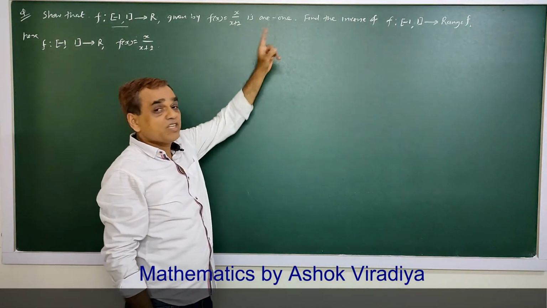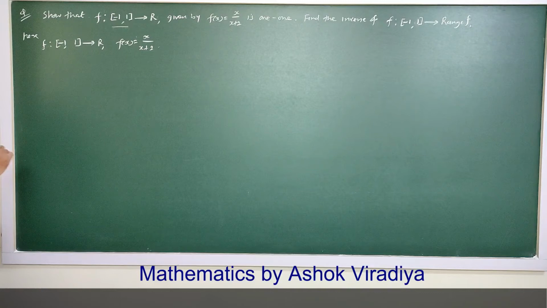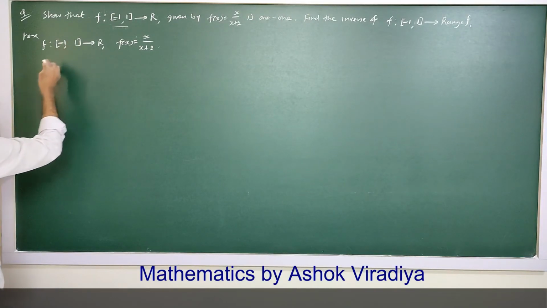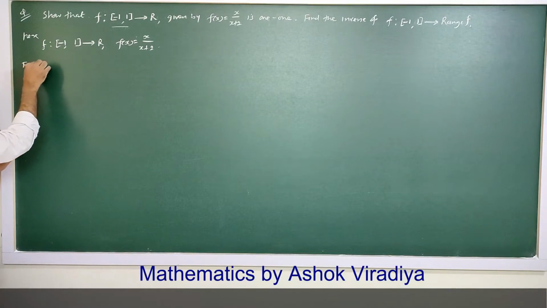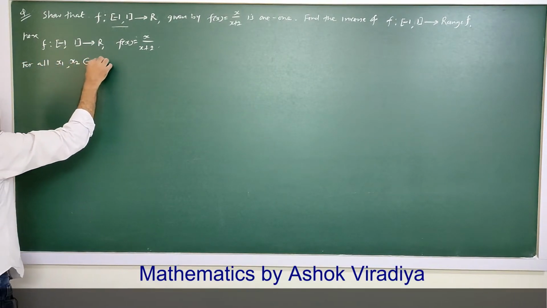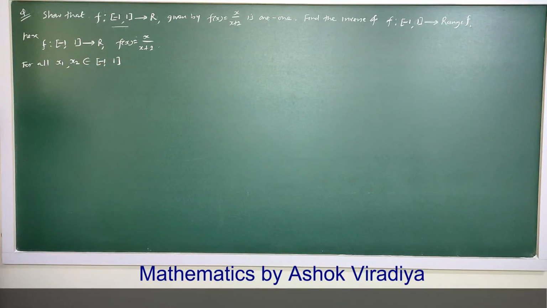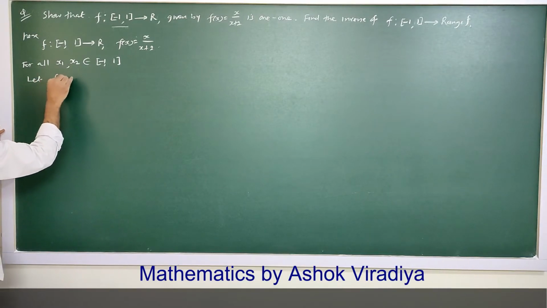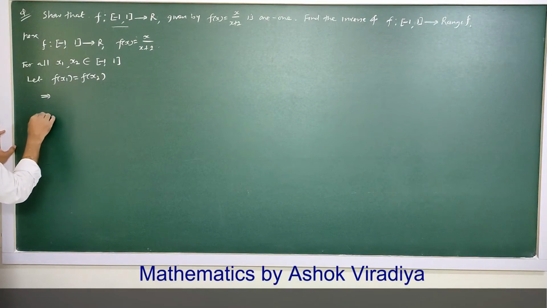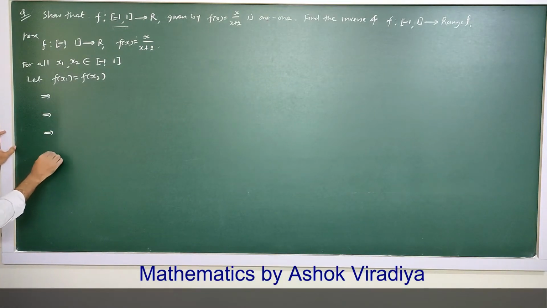To show that the function is one-one, we take x1, x2 belonging to the domain, and beginning from f(x1) equal to f(x2), we are going to show x1 equal to x2.